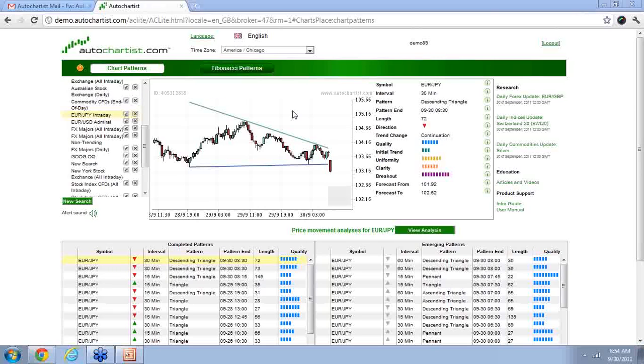That's a trending pattern, and certain inverse head and shoulders and certain head and shoulders patterns are also considered to be trending patterns, because those types of patterns can often become trending patterns.